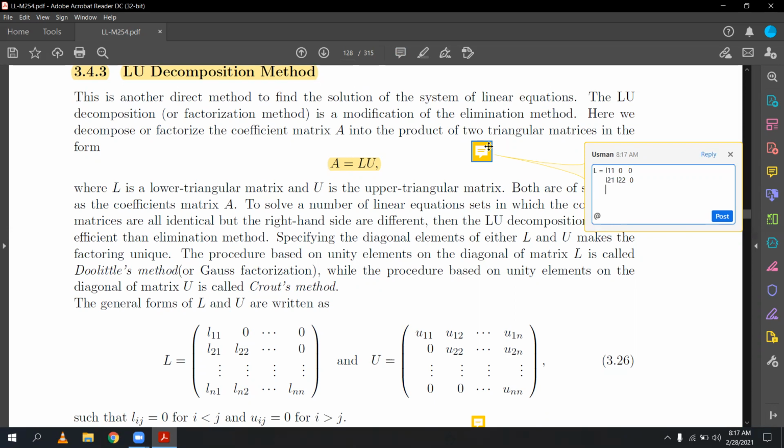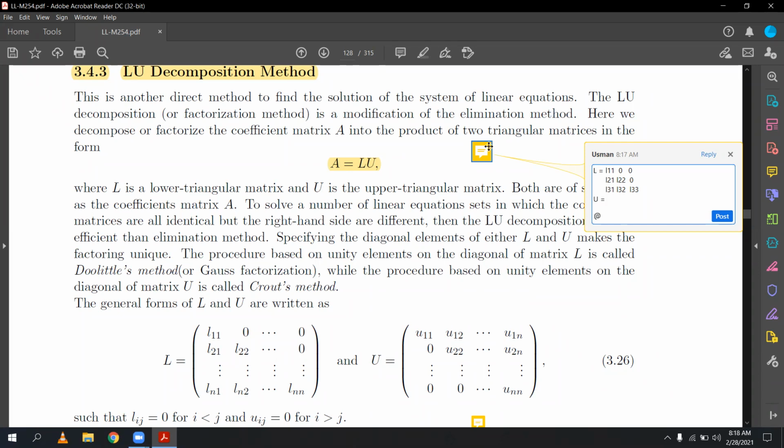And the last row is what? L31, L32, and L33. How many unknown elements do we have for L now? 6. 6. And the same way you can do U.